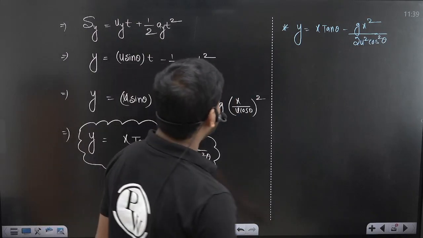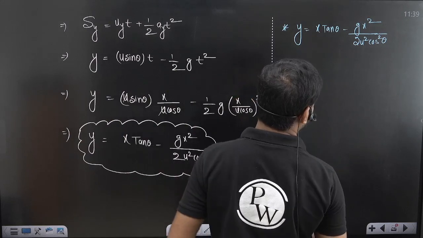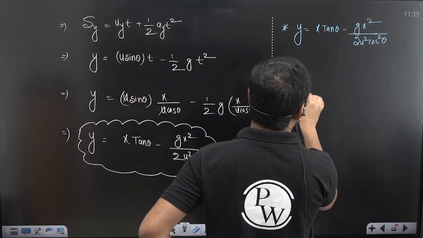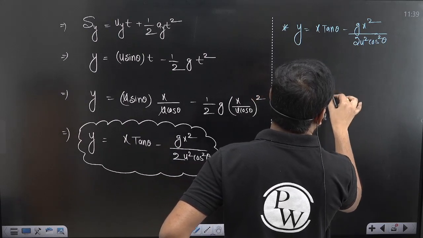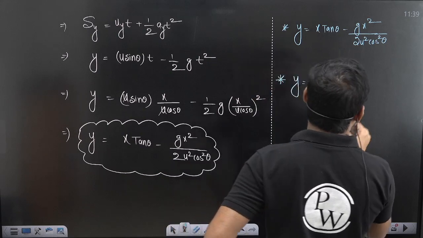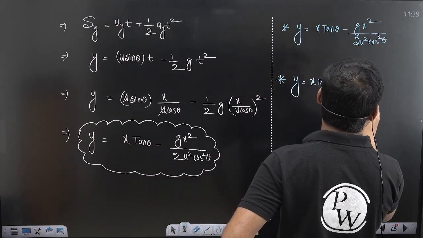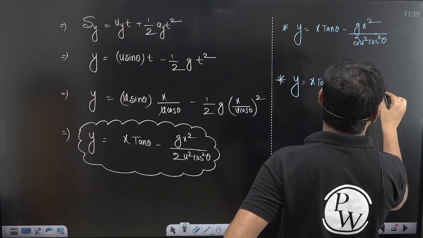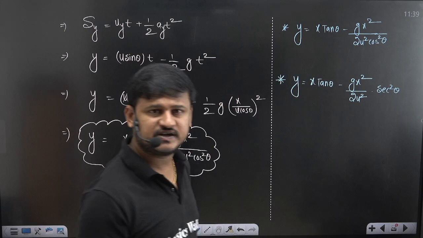And this equation you can also write as y is equal to x tan theta minus g x square by 2 u square, and in place of 1 by cos square I am writing secant square theta.